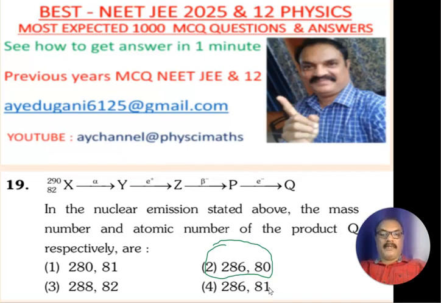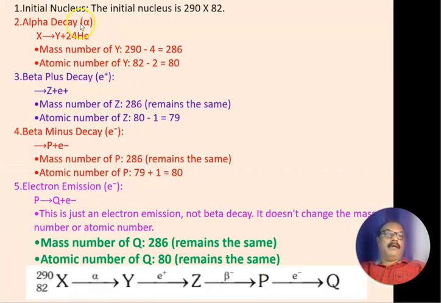Let's understand this. Here in the nuclear transition, the parent atom is X, whose mass number and atomic number are 290 and 82. When alpha decay takes place, the mass number is reduced by 4 and the atomic number by 2.